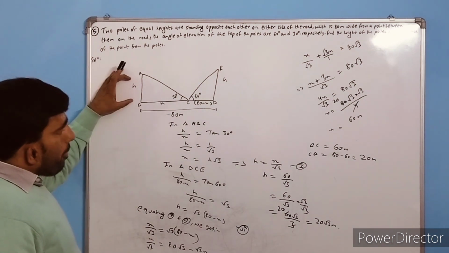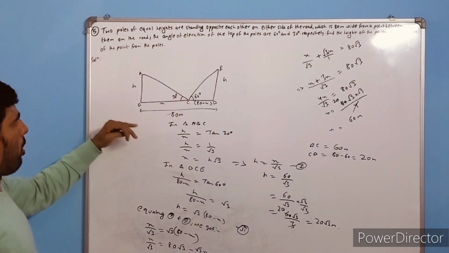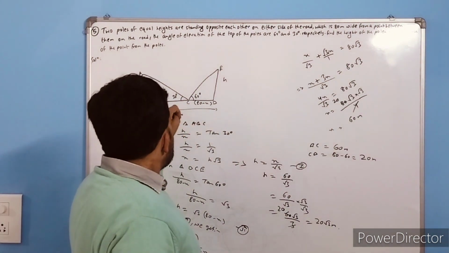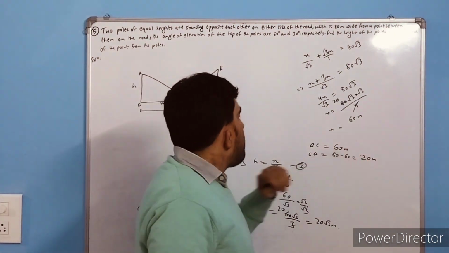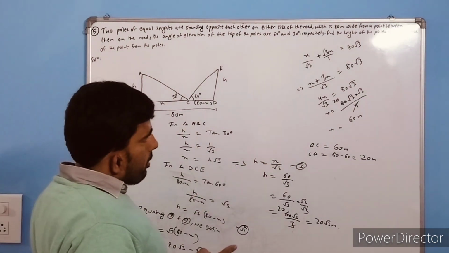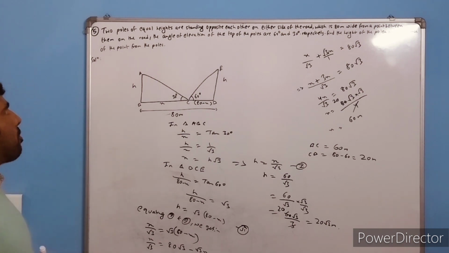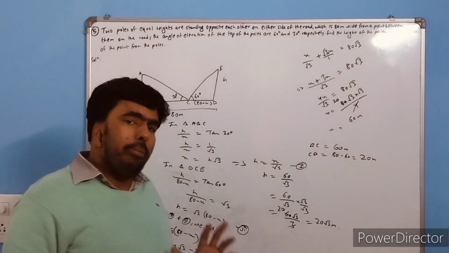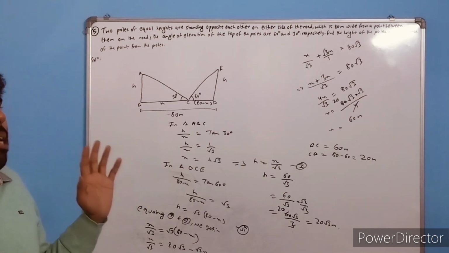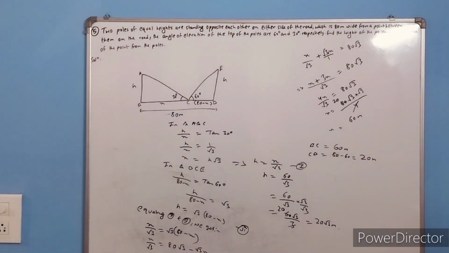So the height of the pole is 20 root 3, and the distance from the point to the poles we have found: x is 60 meter, so BC is 60 meter and CD is 80 minus x, that is 20 meter. So this is the fifth numerical we have solved today, that is, we have solved five different types of numericals. Next one we will solve.